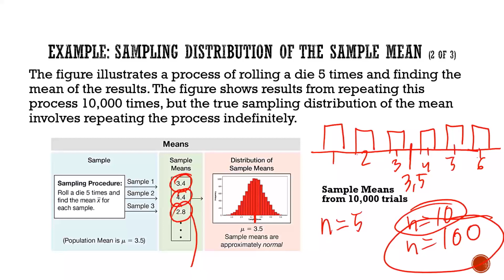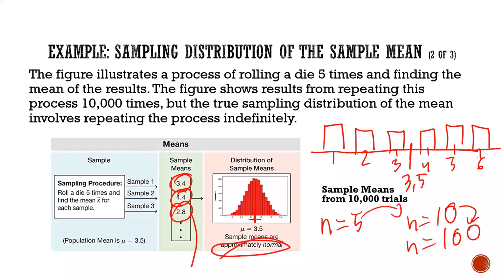So they should stay the same. The spread will change a little bit, but it will still be symmetric and bell-shaped. But the larger that n is, the more normal this thing becomes. So it says approximately normal. How approximately? Well, it depends how large n is.